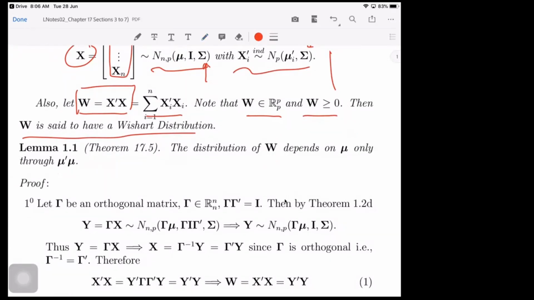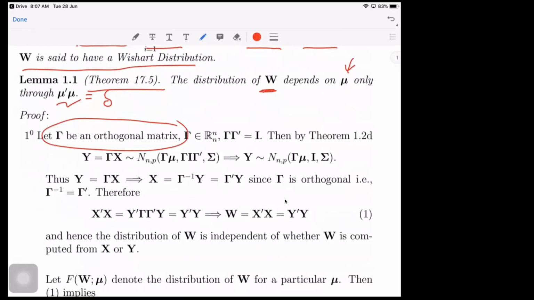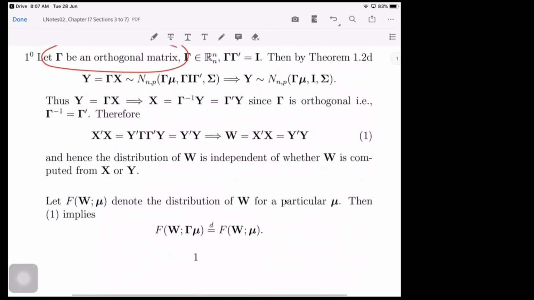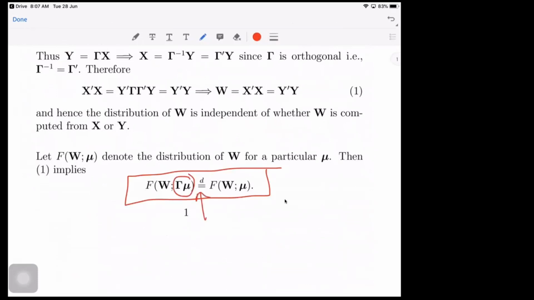To prove that, which we skipped last time, we have to go through some subsets of information. First, it's going to use the concept of orthogonal matrix, and then you do some transformation here. So just read through that, and then you will have a distribution of that transformation, which is equal in distribution to this distribution here, W and mu.